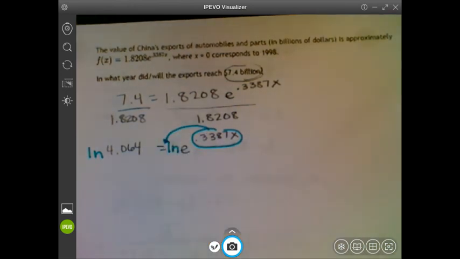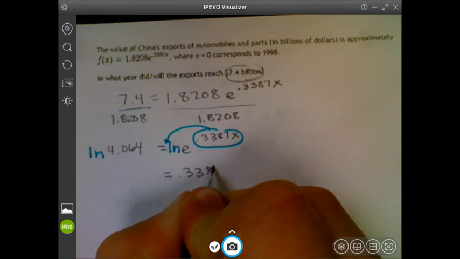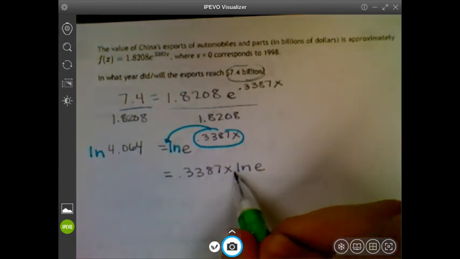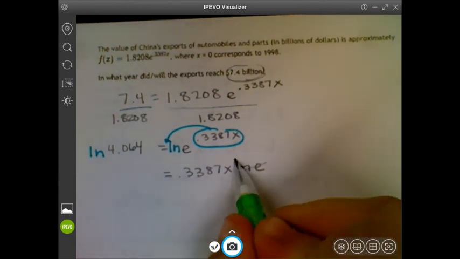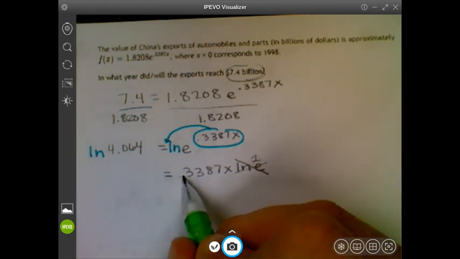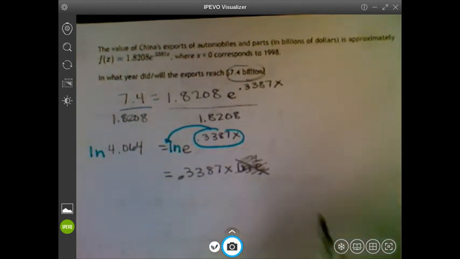You're using the power rule. And so what you're going to see on this side is 0.3387x times the ln of e. And hopefully by now, maybe you're recognizing that the ln of e is just equal to 1. So that's 1 times this, which is just this, right? So that ln of e is going to go away completely. So on this side, you're just going to have the decimal times x.